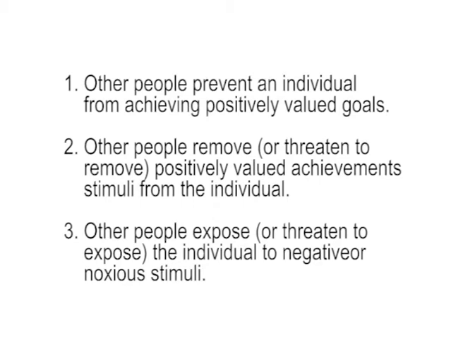First, other people prevent an individual from achieving positively valued goals. Second, other people remove or threaten to remove positively valued achievements or stimuli from the individual. Third, other people expose or threaten to expose the individual to negative or noxious stimuli.